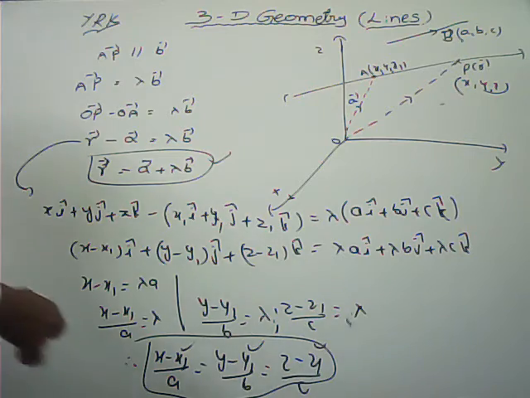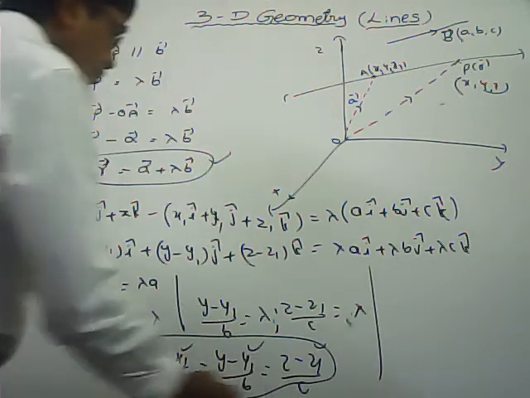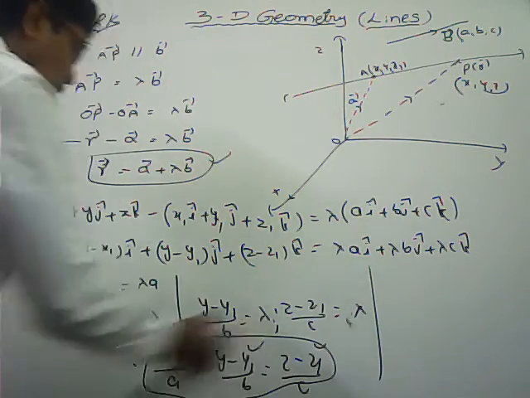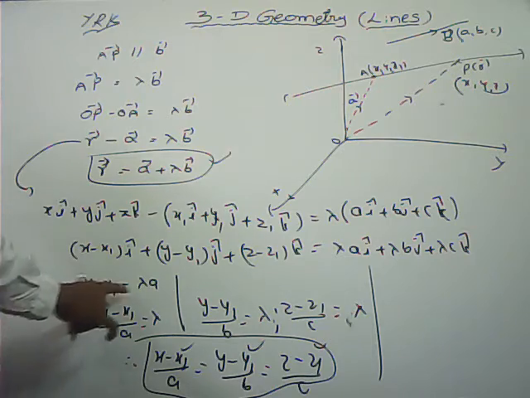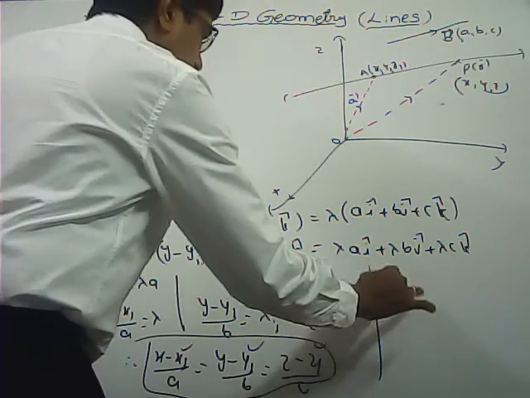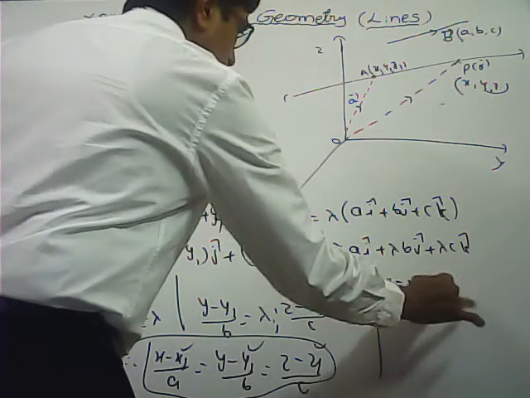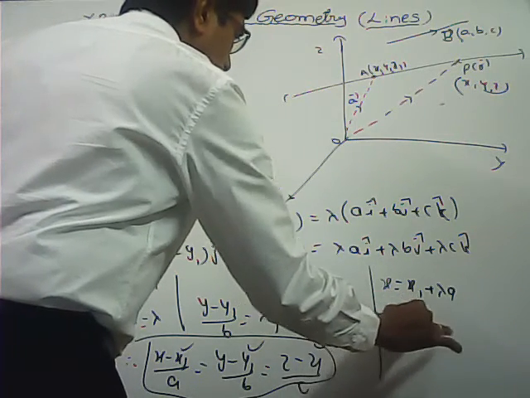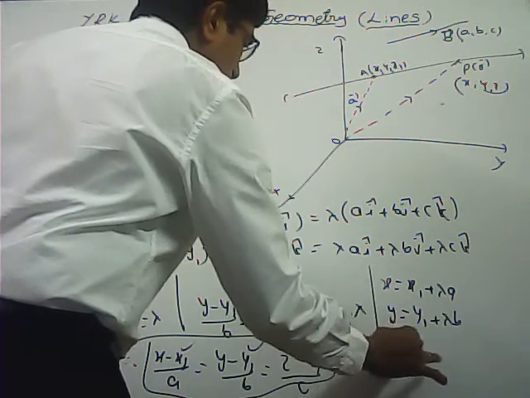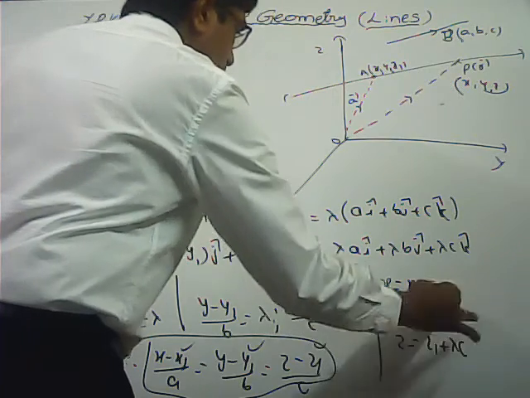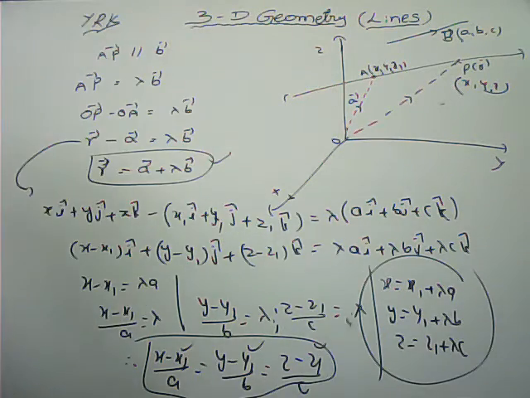And what are the parametric equations? All are equal to lambda only. Here x is equal to x1 plus lambda a, y is equal to y1 plus lambda b, and z is equal to z1 plus lambda c. These are the parametric equations.